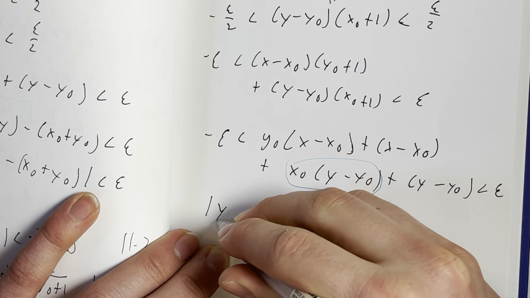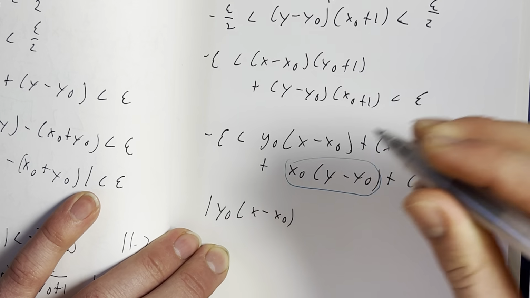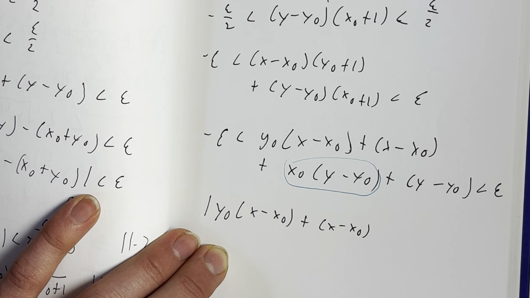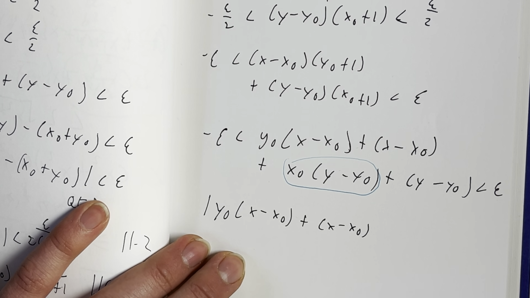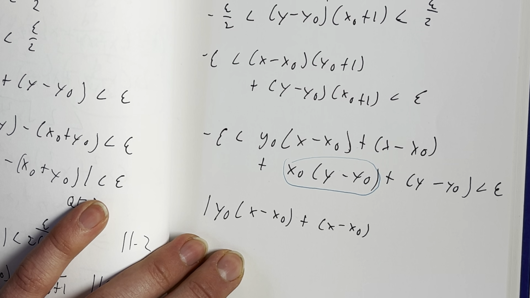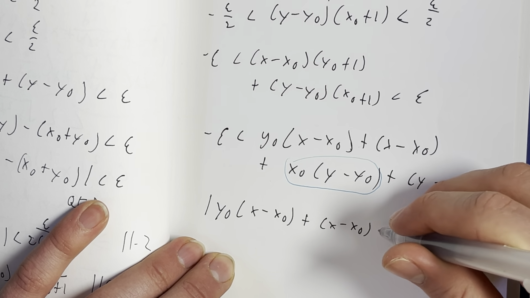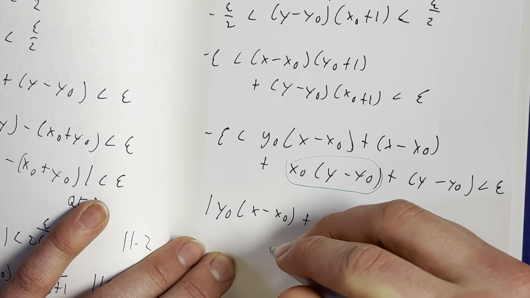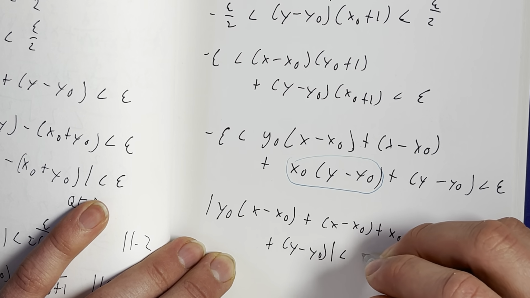So absolute value of y0 times x minus x0 plus x minus x0 plus x0 times y minus y0 plus y minus y0 is less than epsilon.